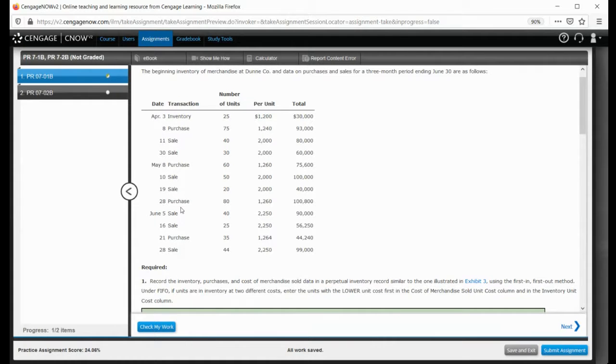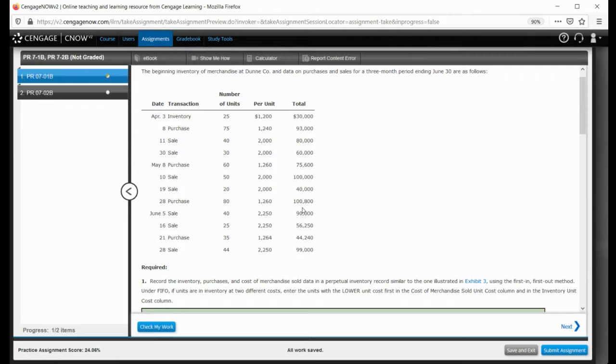This time it was a purchase. We bought 80 units. The 80 units cost us $12.60. This is the actual cost price here. If you multiplied 80 times $12.60, it will give you a total purchase of 100,800.